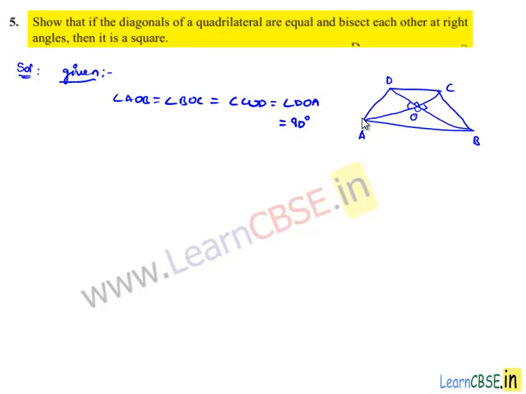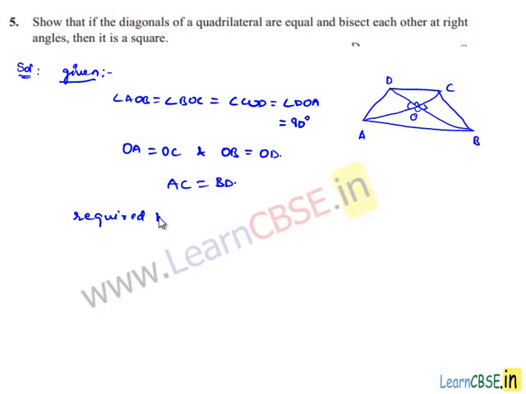And as the diagonals bisect each other perpendicularly, we can say OA is equal to OC and OB is equal to OD. And he also says that diagonals are equal. So we can say AC is equal to BD. Now we are required to prove that given ABCD is a square.